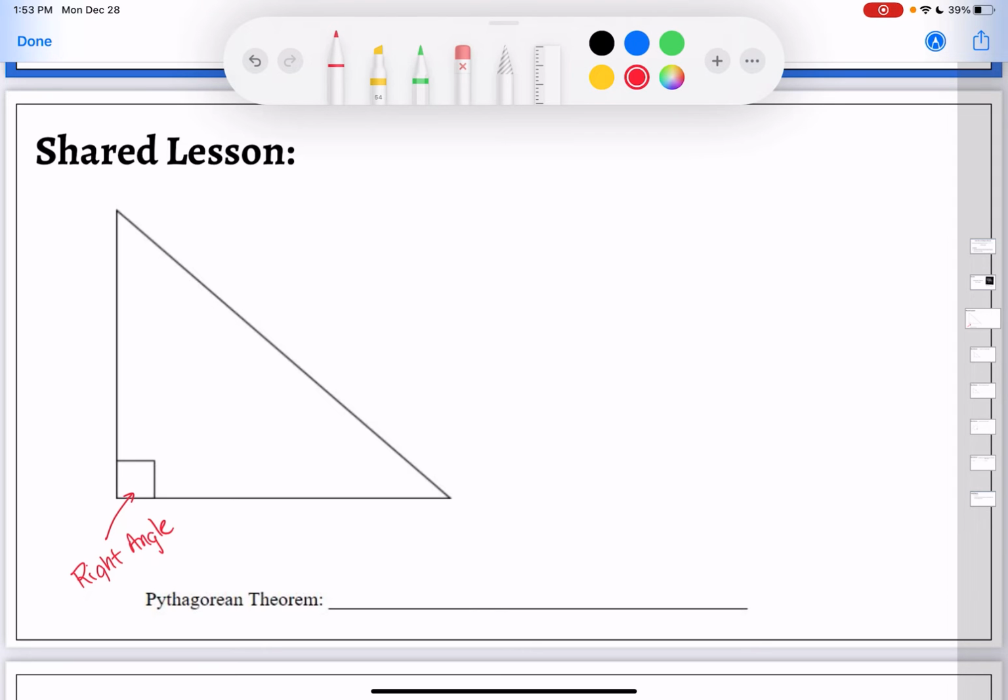So here we always have right triangles. So it only works for right triangles. You'll get into the really specific details of why that is when you get into geometry, but for right now, just know that this only works for a right triangle.